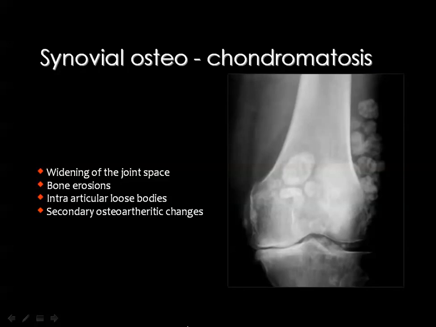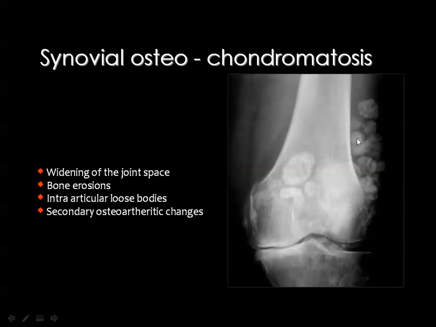Synovial osteochondromatosis means that there are a lot of loose bodies within the joint, and these loose bodies will result from synovial metaplasia into cartilage. Then cartilage will calcify, leading to many intra-articular loose bodies.